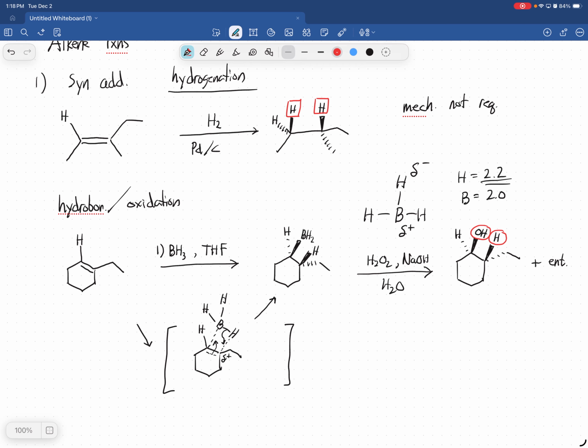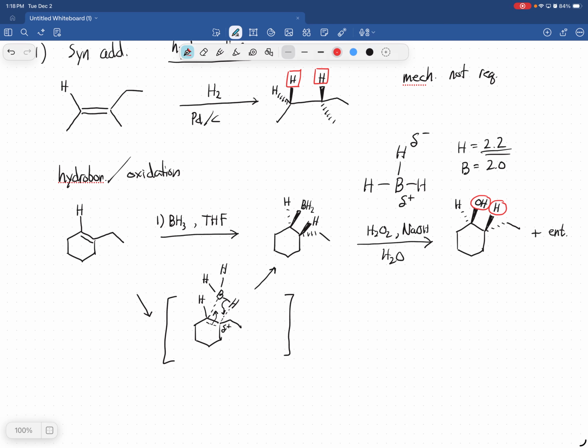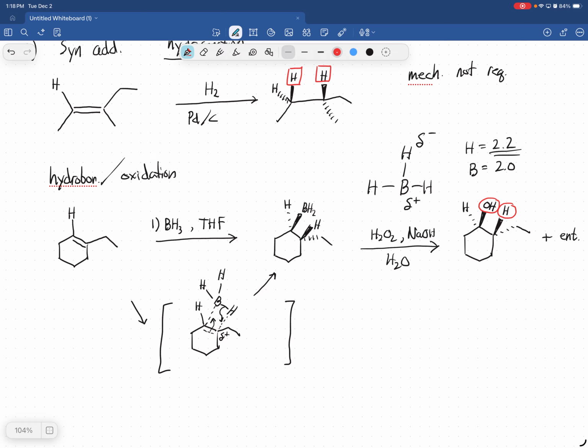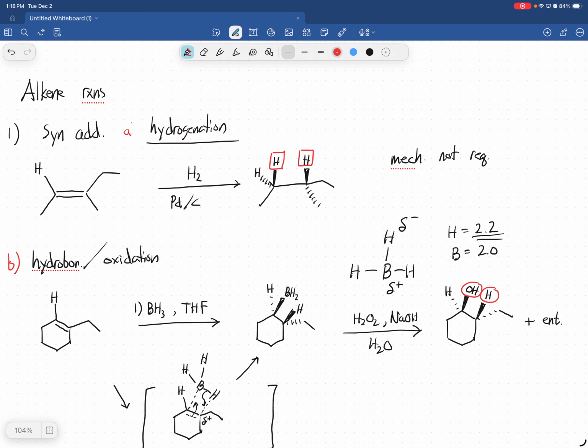I think so. Oh wait, we're forgetting one more. So instead of forming just 1 alcohol, what about 2 alcohols? Isn't there a syn reaction for that one? Yeah, so let's put that as reaction B, reaction A.